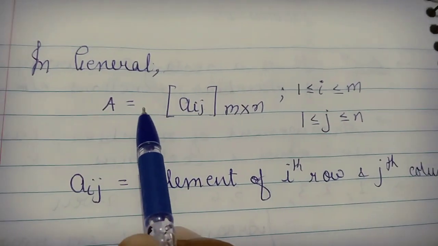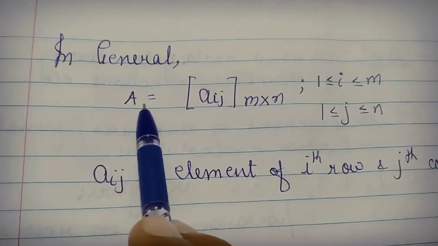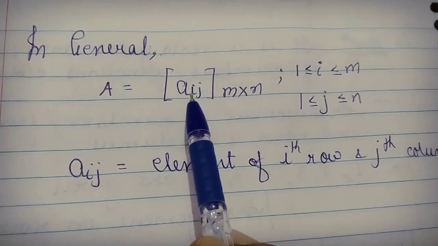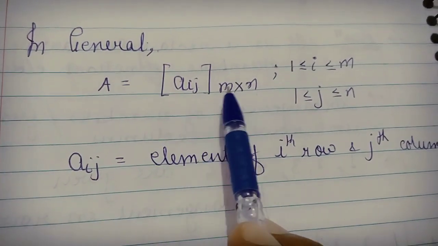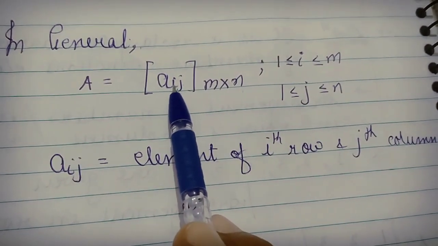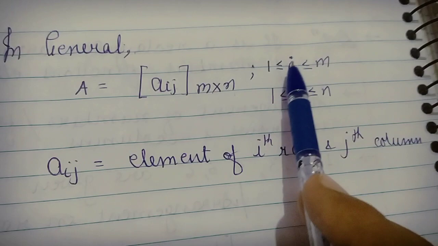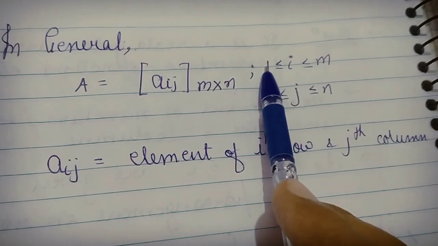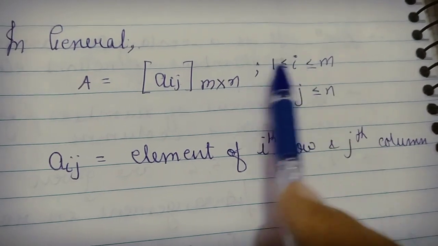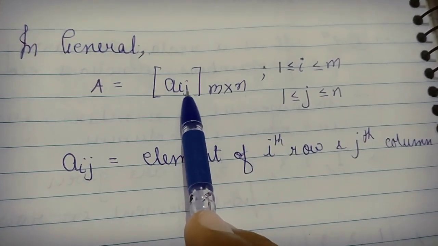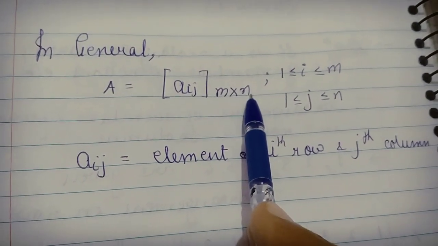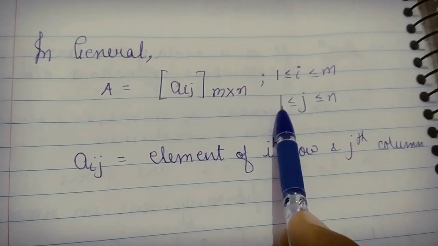Normally the representation of a matrix is Aij of m cross n, where this i is always greater than or equal to 1 and less than or equal to m. M means number of rows. What about this j? J is always less than or equal to n and greater than or equal to 1.